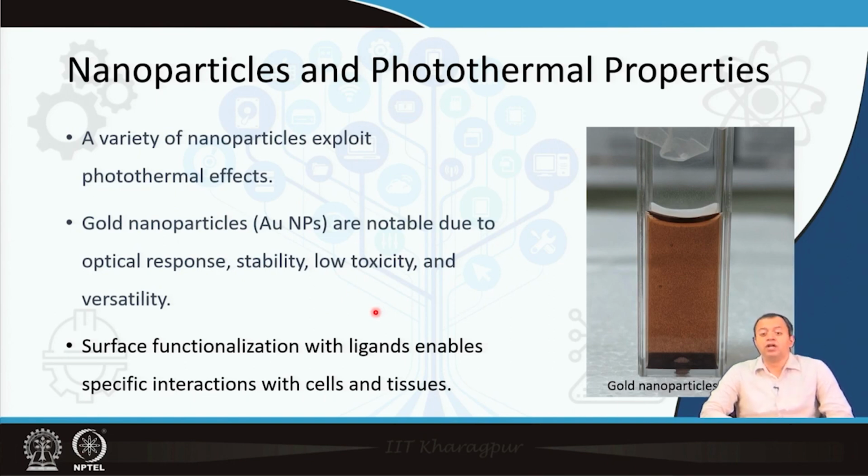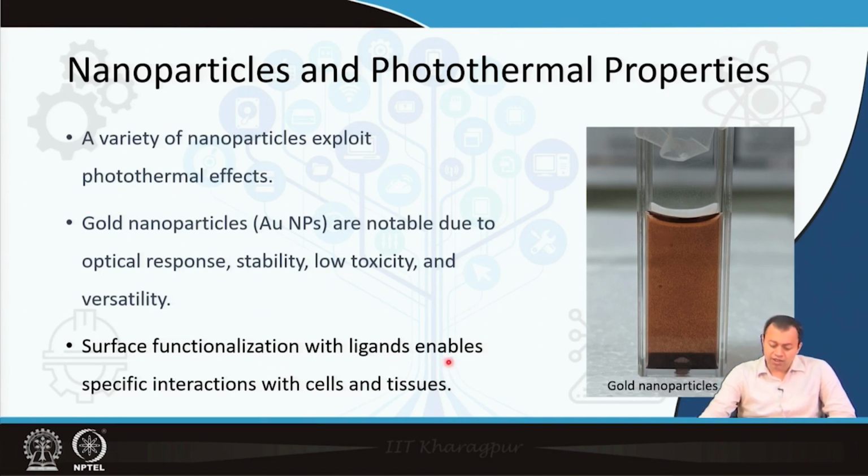And when you shine light on it, the electrons inside can agitate and create some sort of temperature difference around it, a few Kelvin temperature difference, but good enough to modify the few nanometer cube volume around the periphery of this individual nanoparticle.